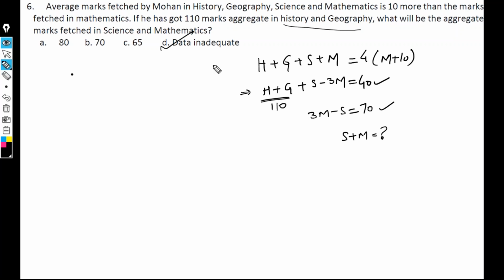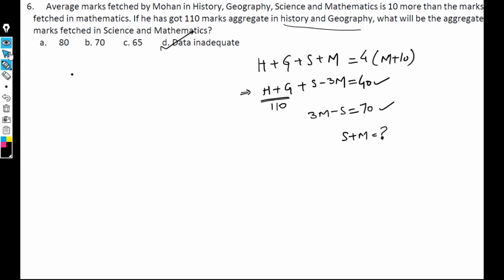Is it clear, Madhu, Chinmay, Shubhadeep? Guys, any doubt in this? Tell me. Is it clear? No, you were not required.